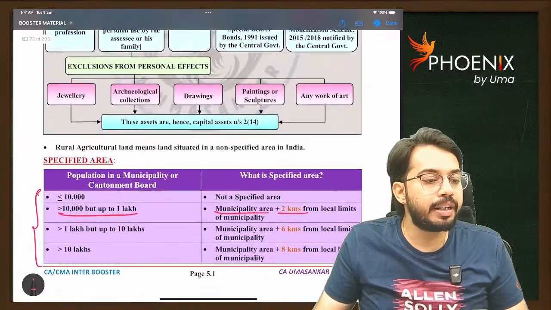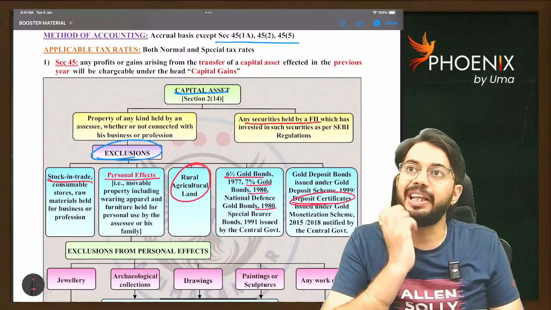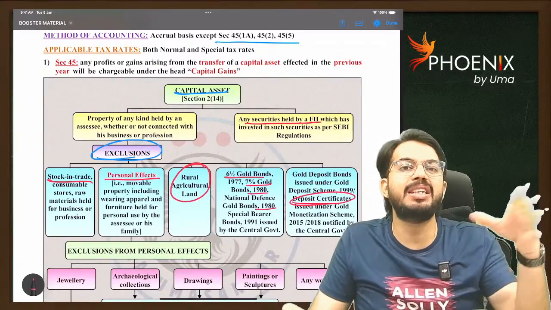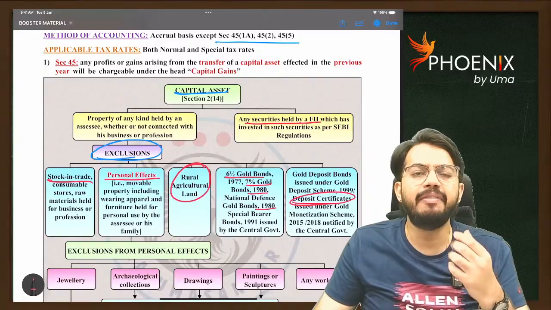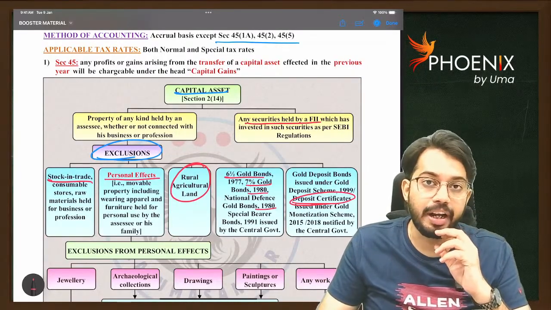Any securities held by foreign institutional investors. One small thing: if my main business is buying and selling of shares, for me shares are not capital assets, they are considered stock in trade. Correct.